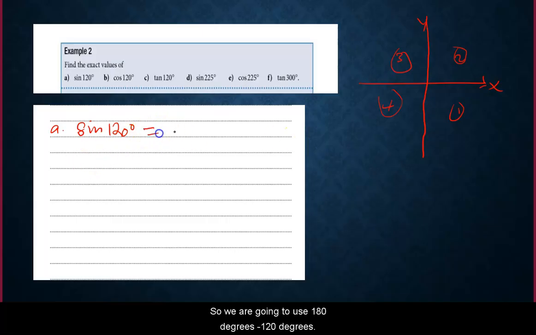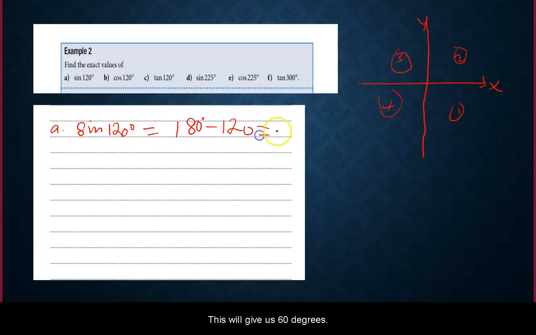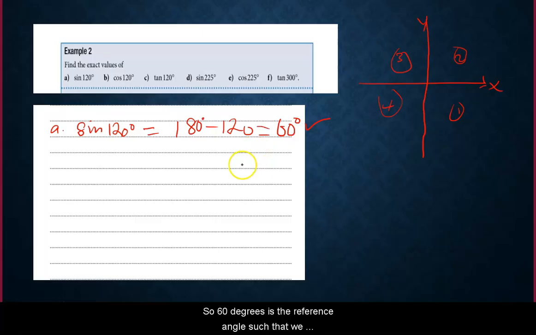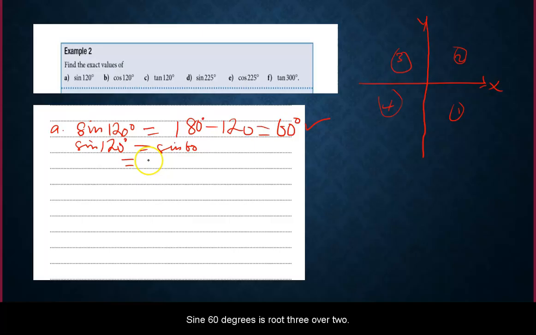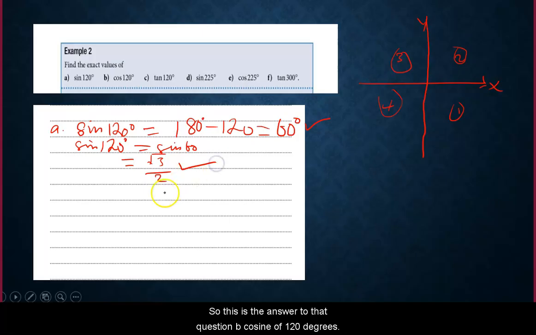So we are going to use 180 degrees minus 120 degrees. This will give us 60 degrees. So 60 degrees is the reference angle, such that sine 120 degrees is equal to sine 60 degrees. And what is sine 60 degrees? Sine 60 degrees is root 3 over 2. So this is the answer to that question.